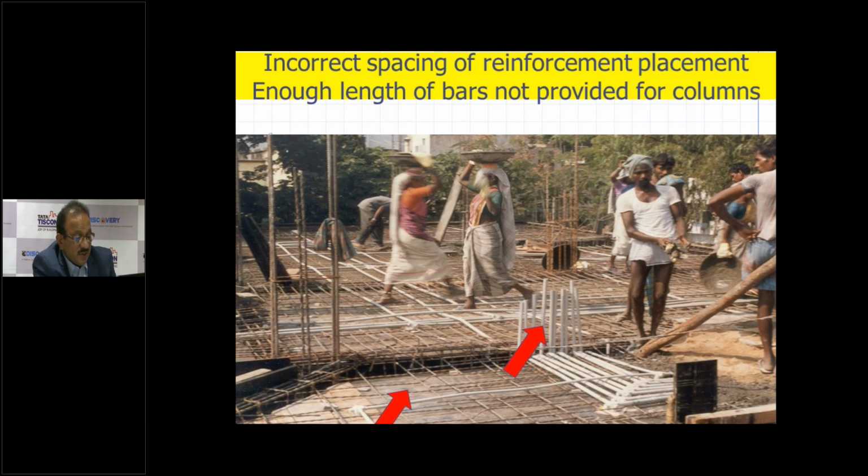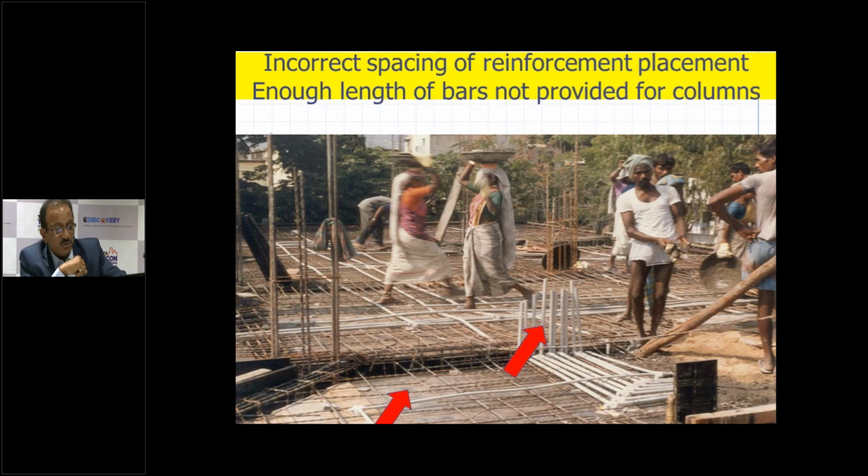Practically this spacing has gone to 400 millimeter, and concreting is going on. It's not that this has been pointed out and there is no chance of correction. Already you can see the concreting is in full swing, and here in the center you can see another red arrow. Here they have not provided enough length of the bars for the column.